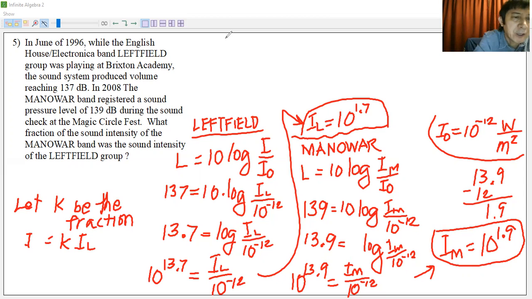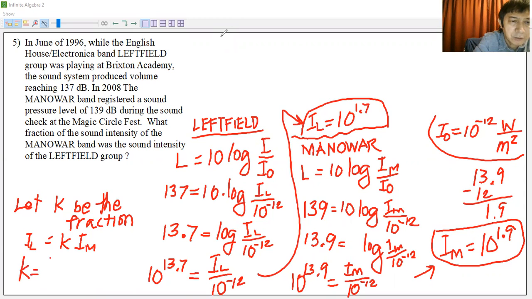The IL must be at the left, and this must be the one at the right. Let me clear that. This will now be the larger IM there. So our equation here is IL is equal to K times IM, solving for K.